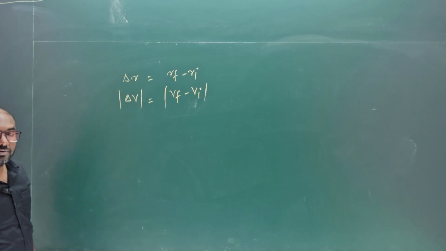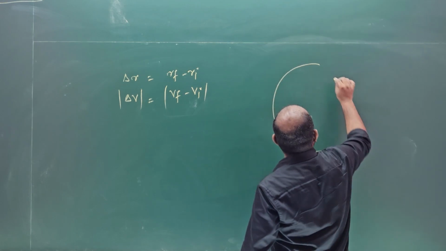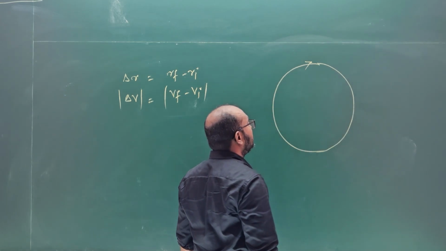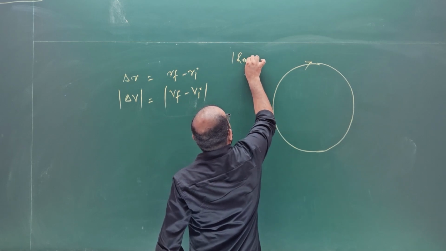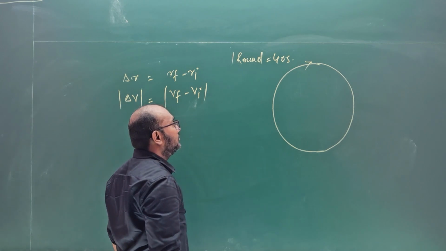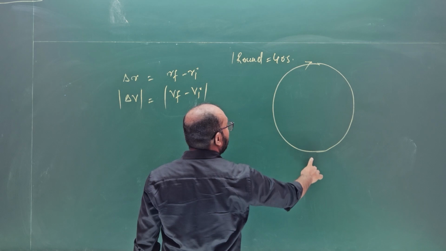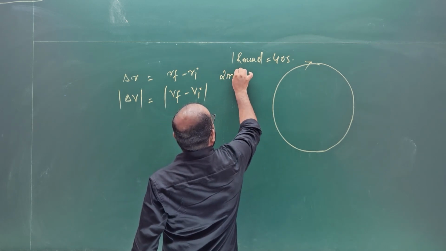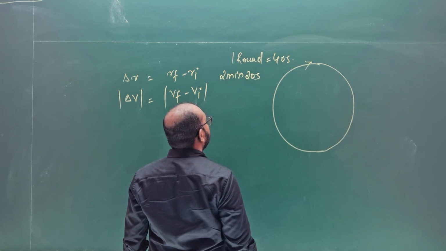Now, try this question. Consider a body moving in a clockwise direction. The body took 1 round in 40 seconds and traveled for 2 minutes 20 seconds.